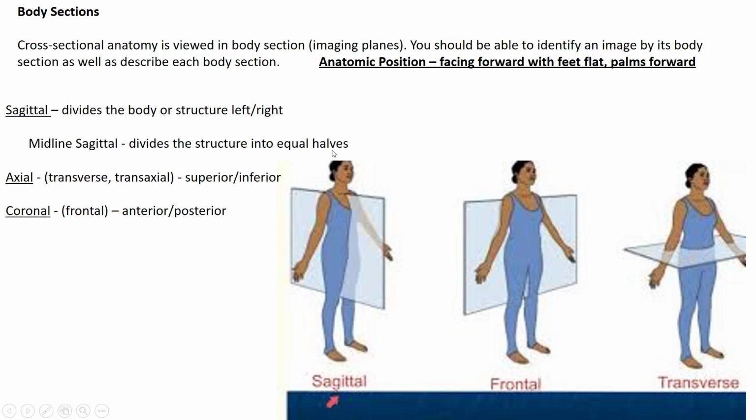And when you view the cross-sectional images, for the sagittal and the coronal, it may be computer dependent on how you see that image, whether it is facing left or right for a sagittal. But generally, the posterior side is on your right and the anterior side is on your left.